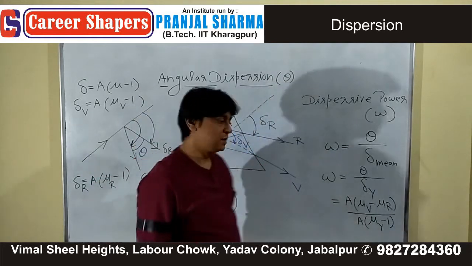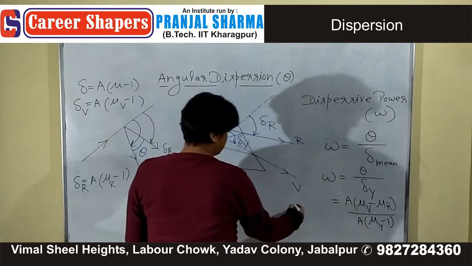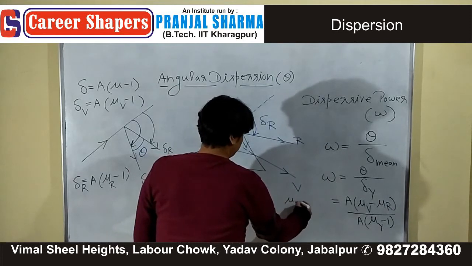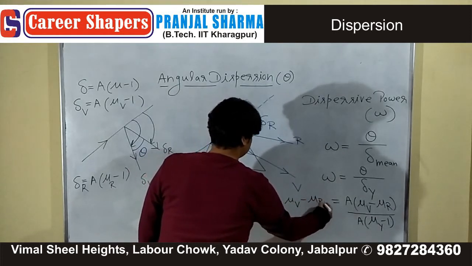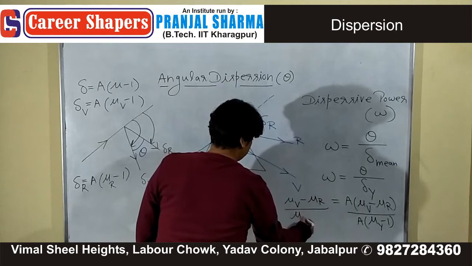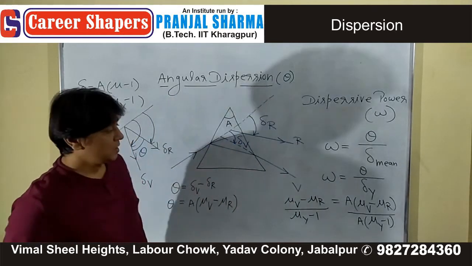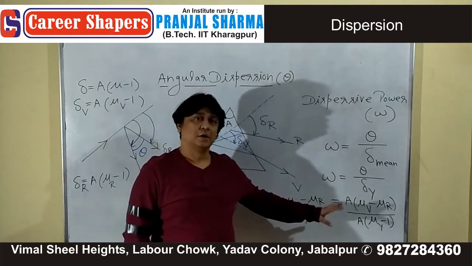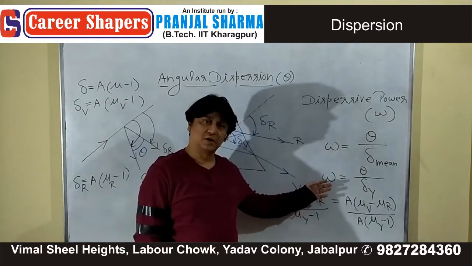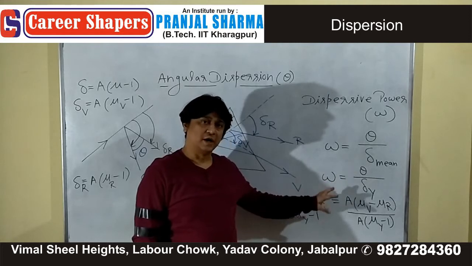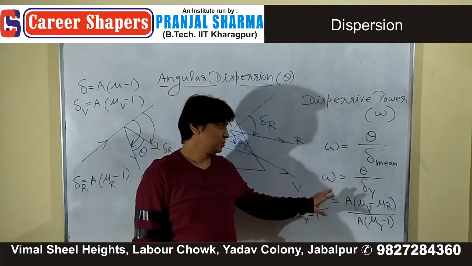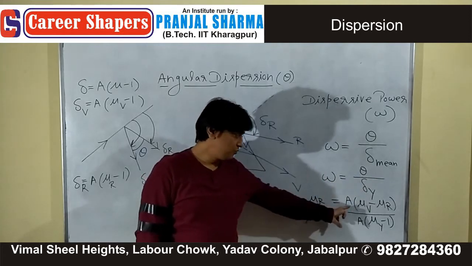A and A cancel, and this is coming as (mu v minus mu r) divided by (mu y minus 1). This dispersive power term is obtained just to remove A.